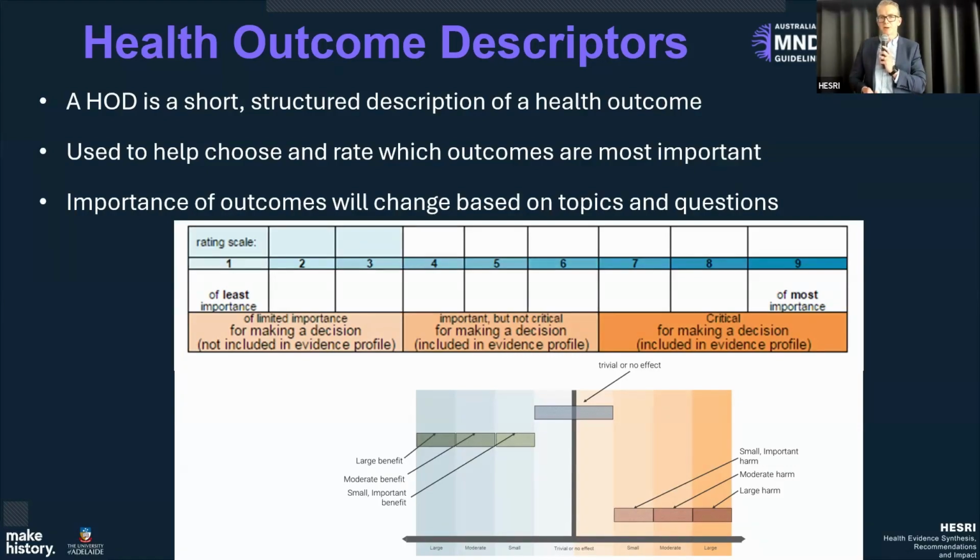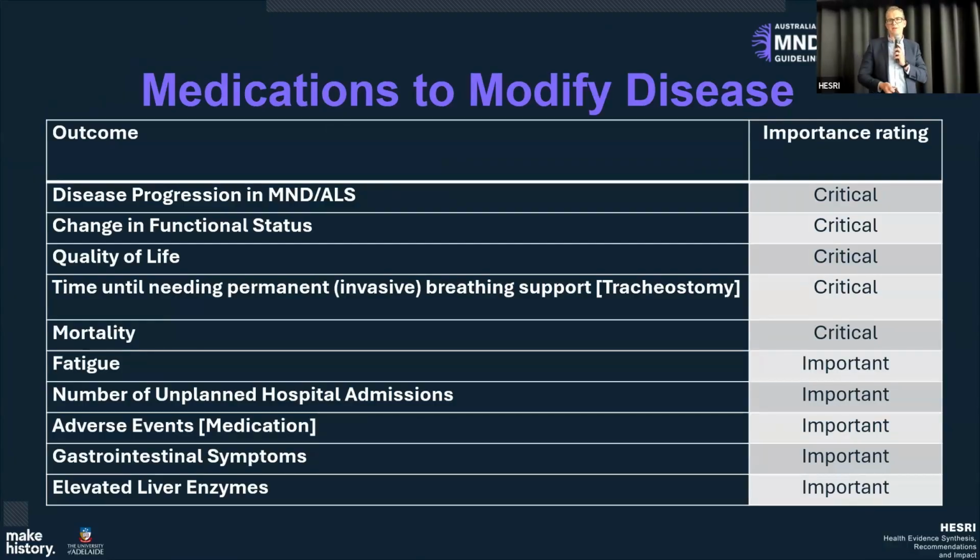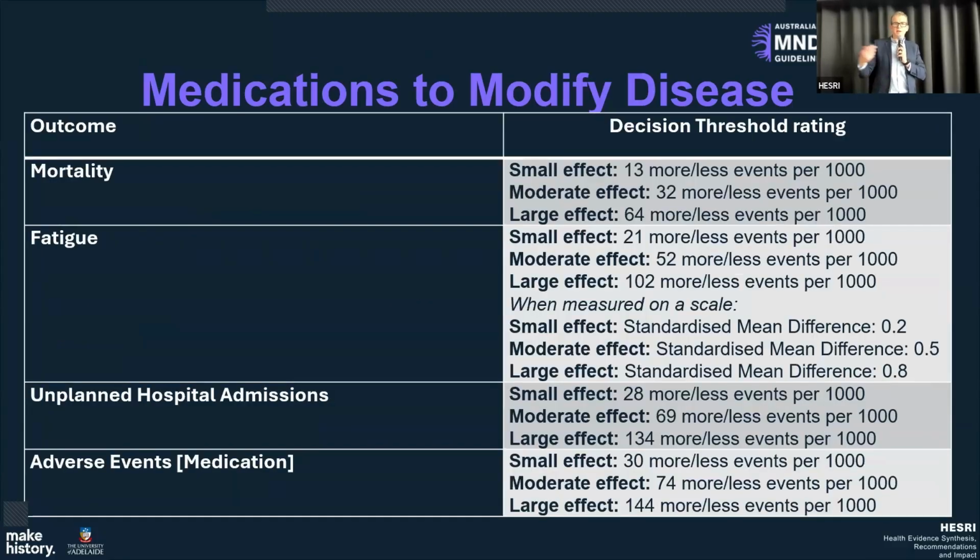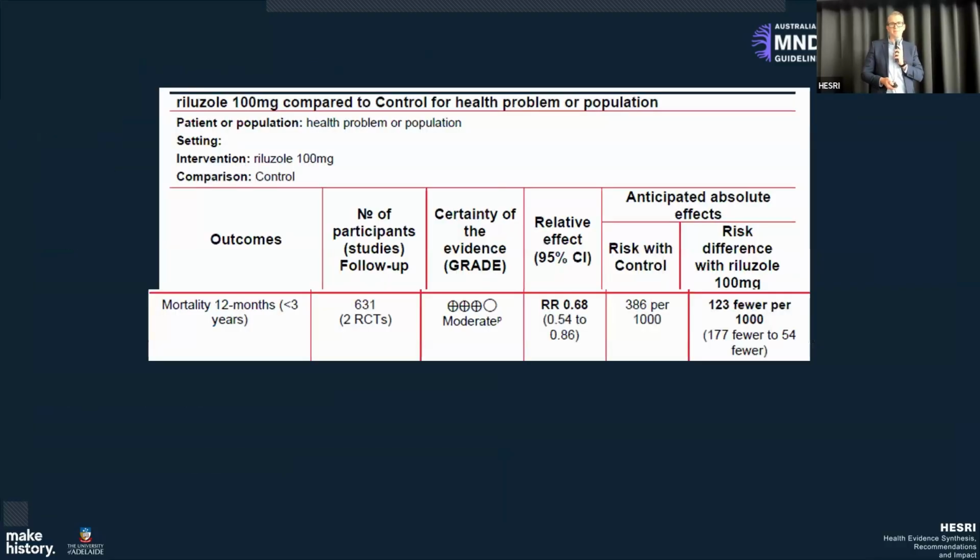So they rate their importance, so we know that we should focus on the critical outcomes when we make recommendations. And then based on the utility ratings which the panel and advisory groups gave us, we were able to use this approach that I've mentioned to develop these thresholds for our different outcomes.